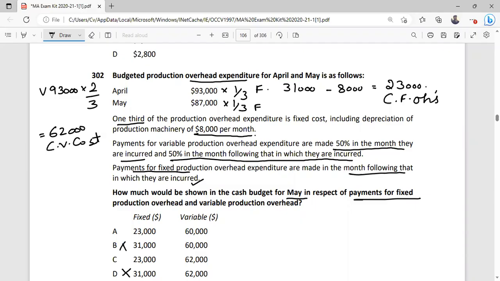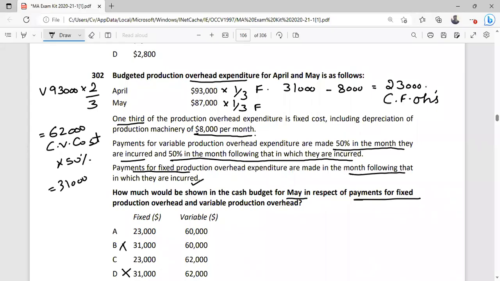Now we are saying that for variable overhead, we will pay 50% in the same month and 50% in the next month. So from April, we pay 50%, which is 31,000. And now we can calculate from this 87,000, that what would be 2 by 3 of this 87,000, or 1 by 3.